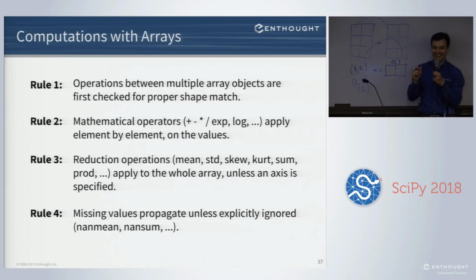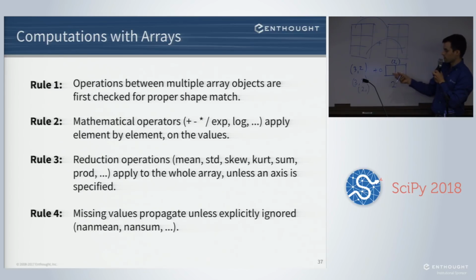That's a good question. Okay, so the third one: if I have a single number here, NumPy also considers that to be a possible case of broadcasting. It would add the 2 to every single element. That one, usually people are not too surprised with.